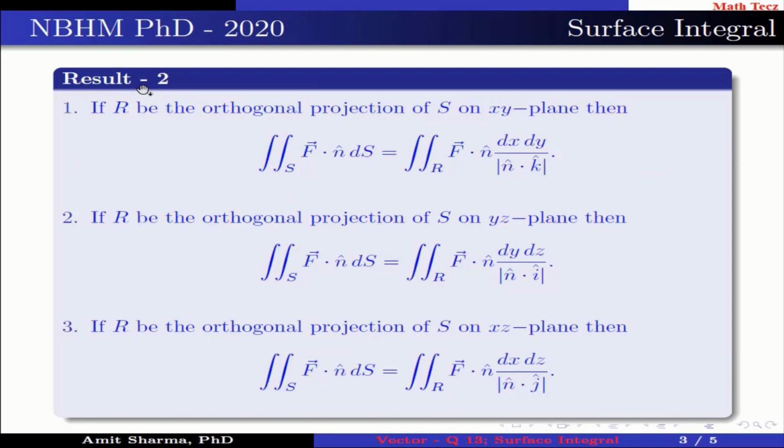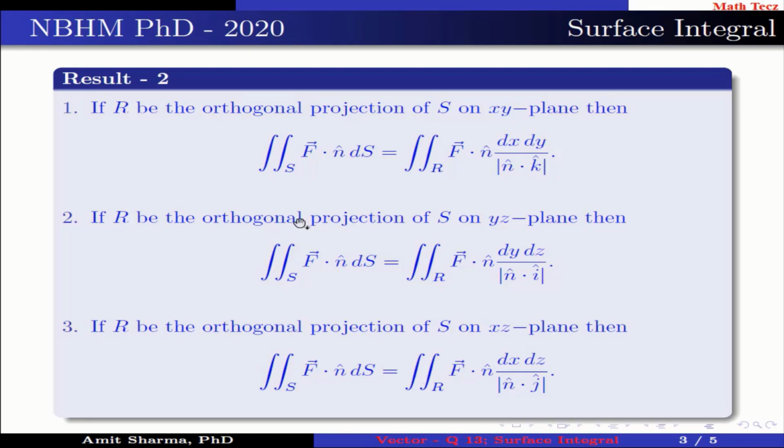Result number 2. 1. If R is the orthogonal projection of S on the xy plane, then the double integral over S of F dot n dS is equal to the double integral over R of F dot n dx dy divided by the modulus of n dot k. 2.